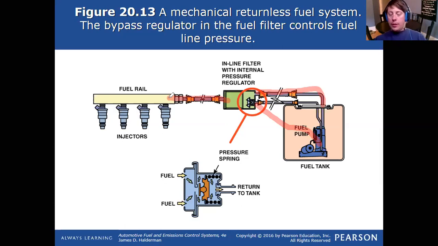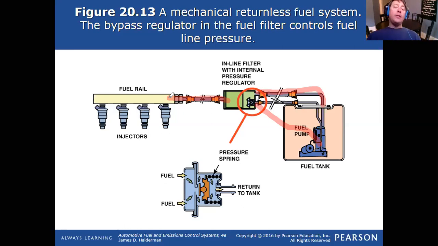It's a bizarre system. It didn't last for very long, but it's a very simple way to set up a returnless system on a vehicle without getting really complex. So every time you change the filter, you're replacing the regulator as well.